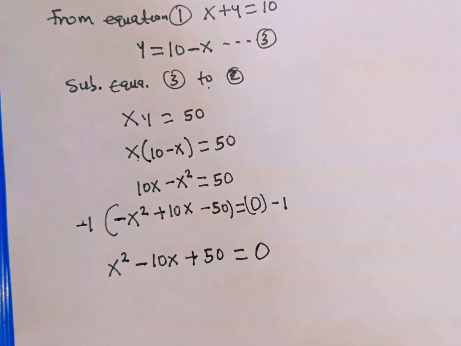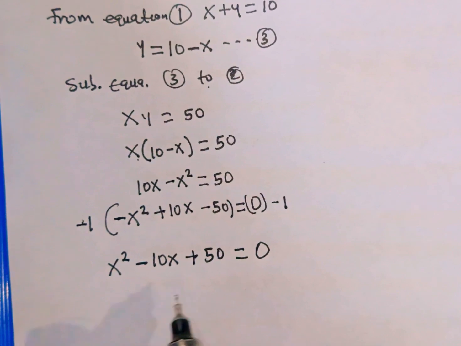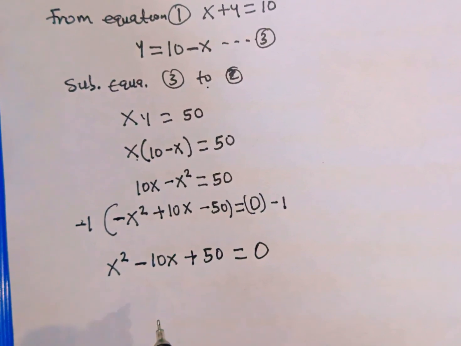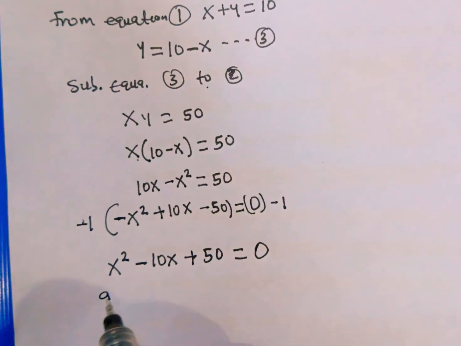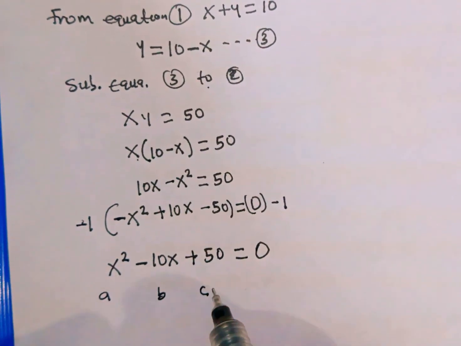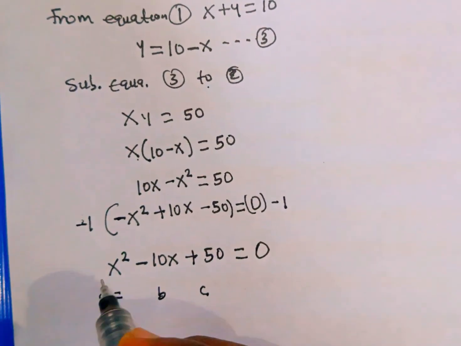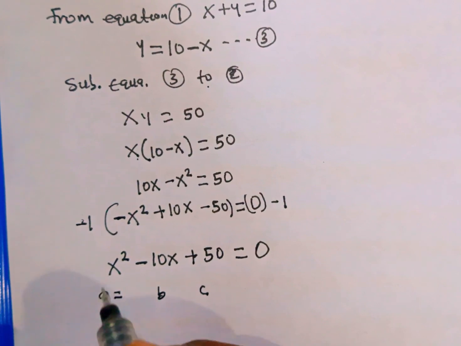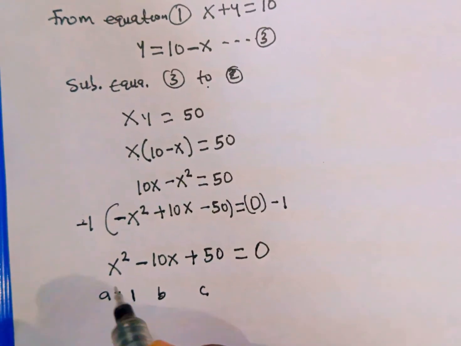Recall that we have different methods of solving quadratic equations, but we're going to use the formula method to find the root of this equation. In the formula method, you know that we have three variables, which is what? A, B, and C. These are three unknown variables, where A is the leading coefficient, the coefficient of the first term, which is 1 here.